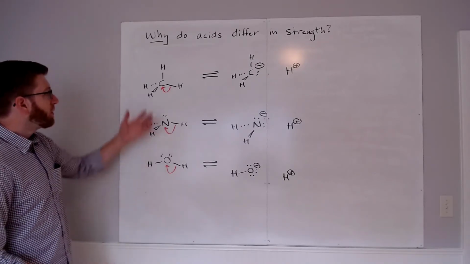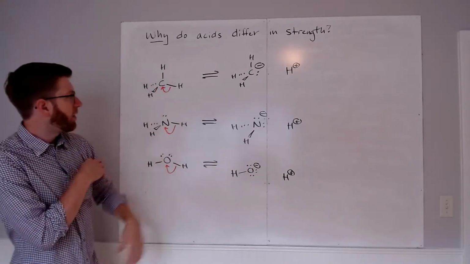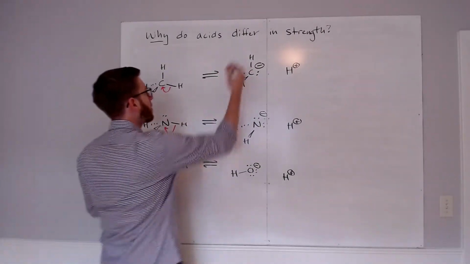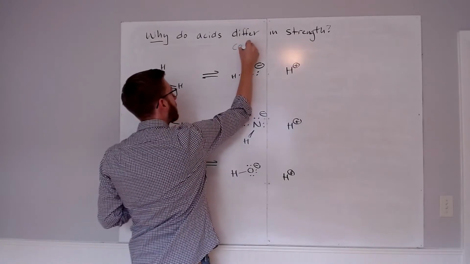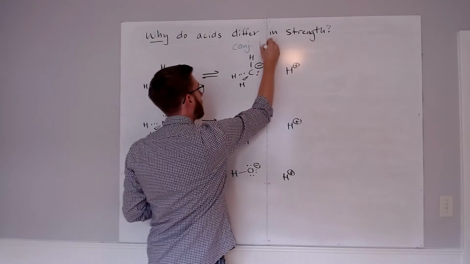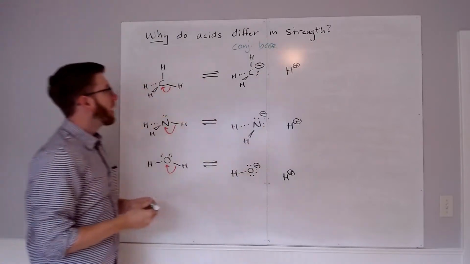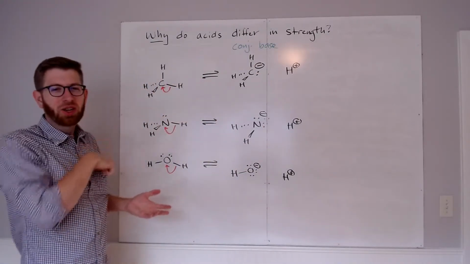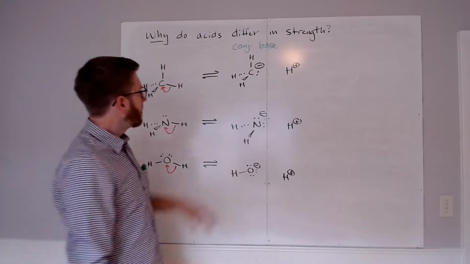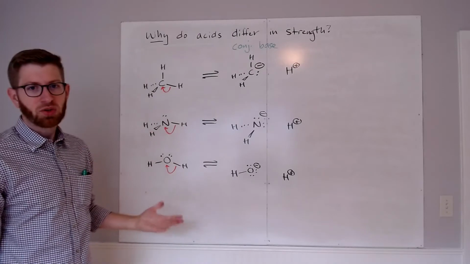So we've now essentially decided that these structures in this column in the middle are our conjugate bases, which I'm going to abbreviate as conj, for conjugate. And we don't really have a conjugate acid in a meaningful sense. I guess it would be H+ or something like that. But we can see that these anions differ. They're structurally different.